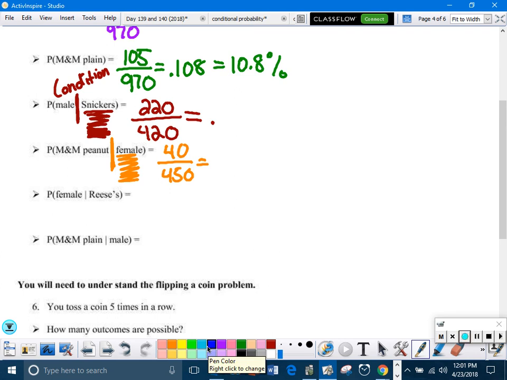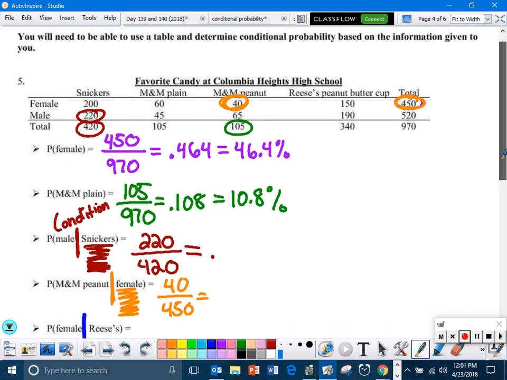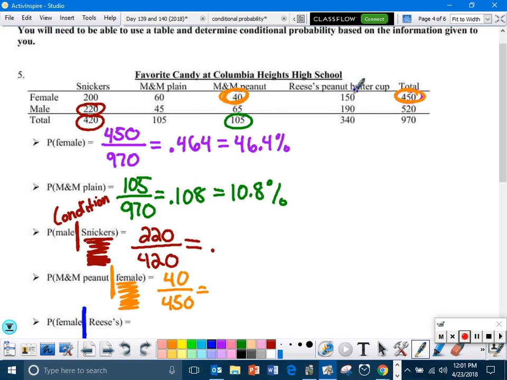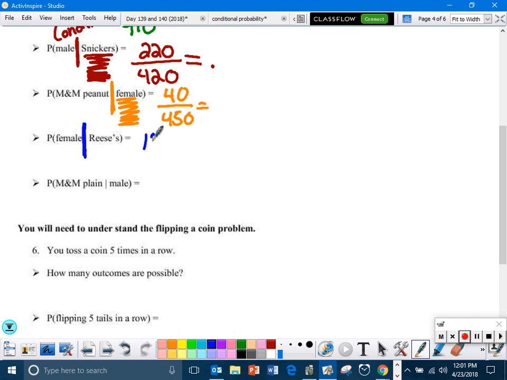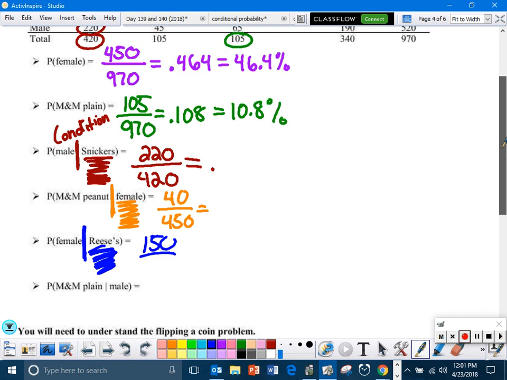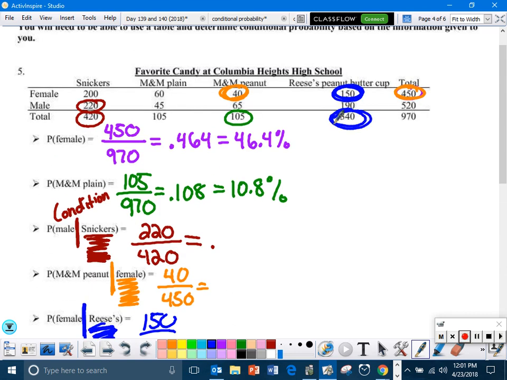All right. Female Reese's. Female Reese's, 150. And I'm only interested in all of the ones from Reese's, 340.